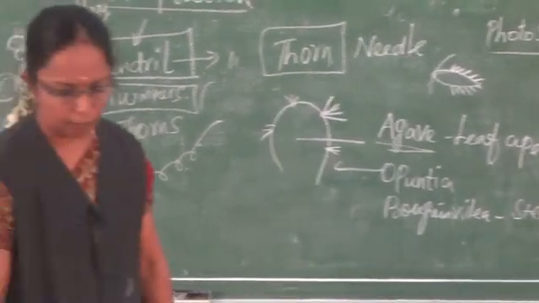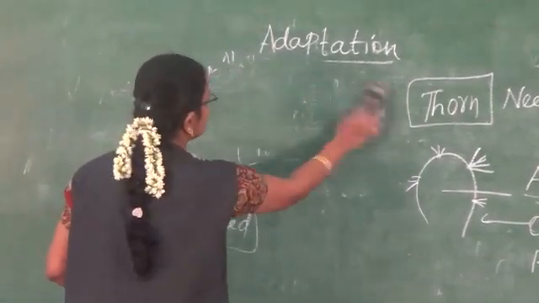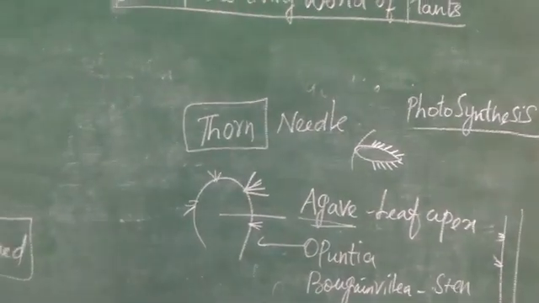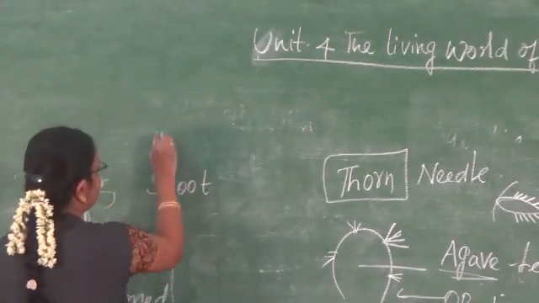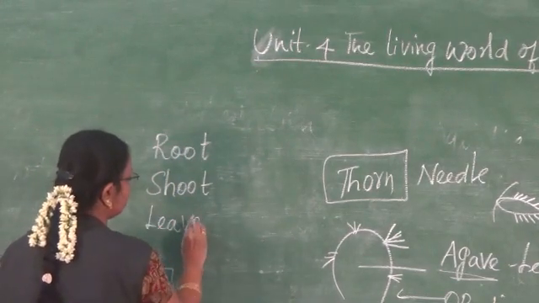So up to this, what we have seen means we have seen about the shoot system, root system, and then leaves.